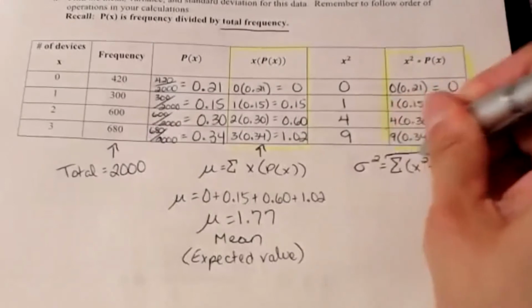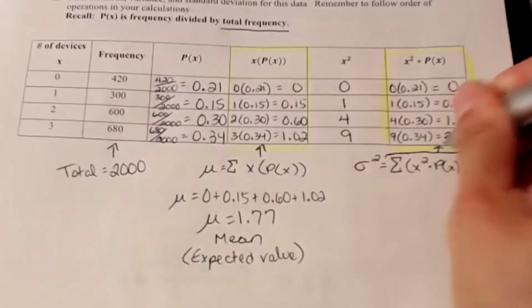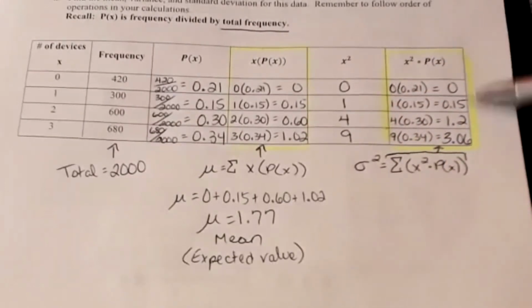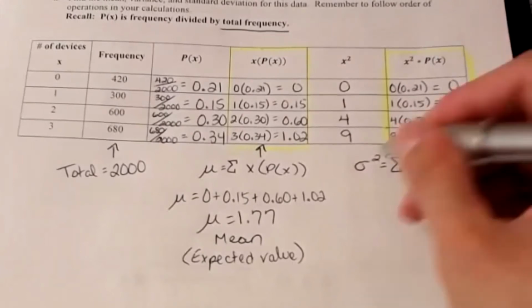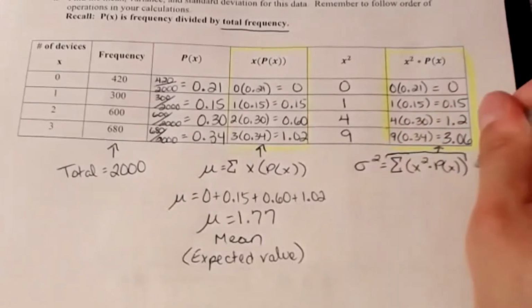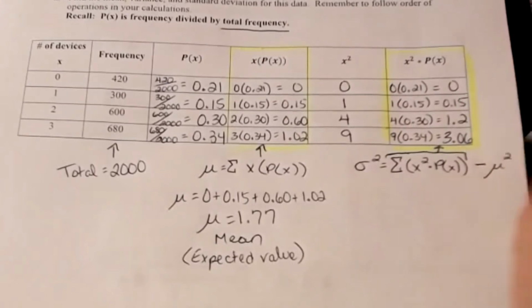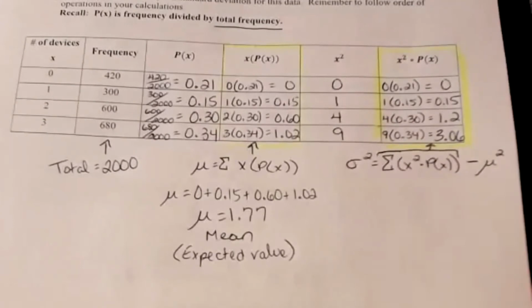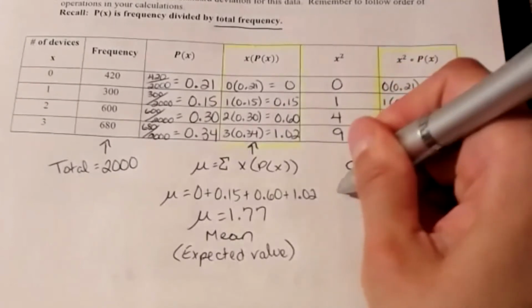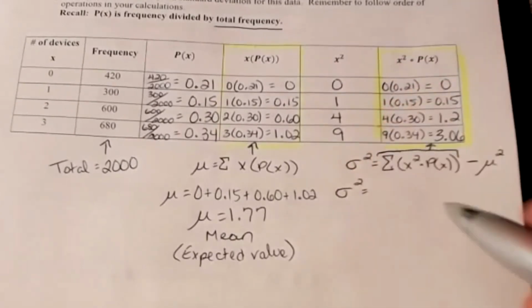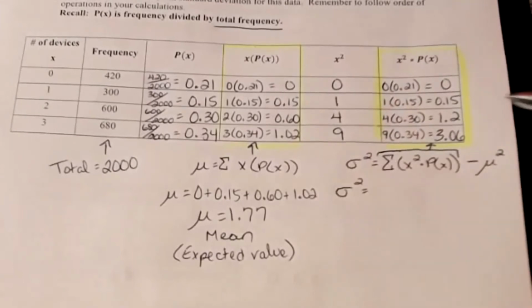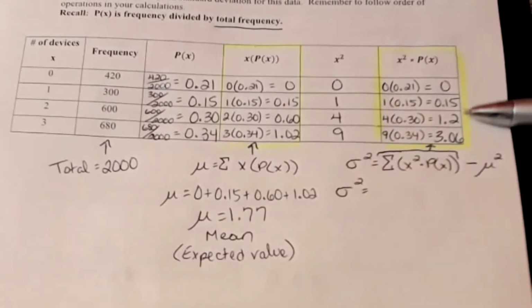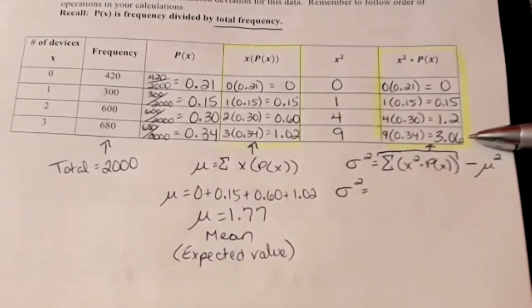So this part of the formula is referring to adding up all the values in this column. But then after you add up all those values, you subtract the mean squared. Okay, let's do this. Because I have limited space here, I'm simply going to add up all these values in this column. So what is 0 plus 0.15 plus 1.2 plus 3.06? What's that going to give us when we add these values up?